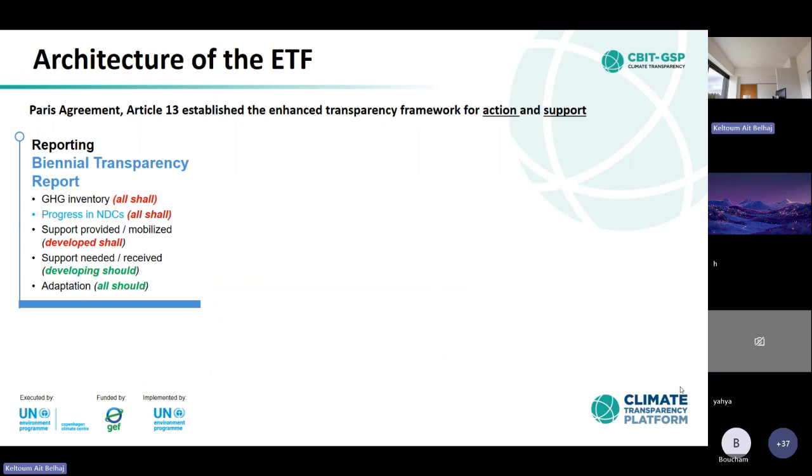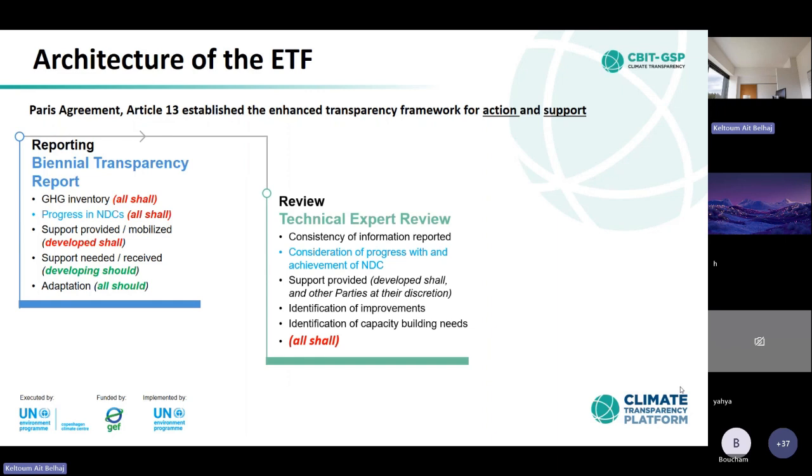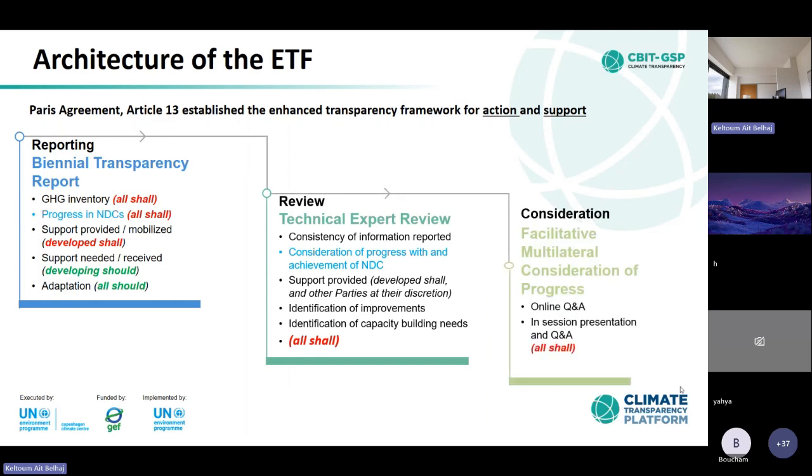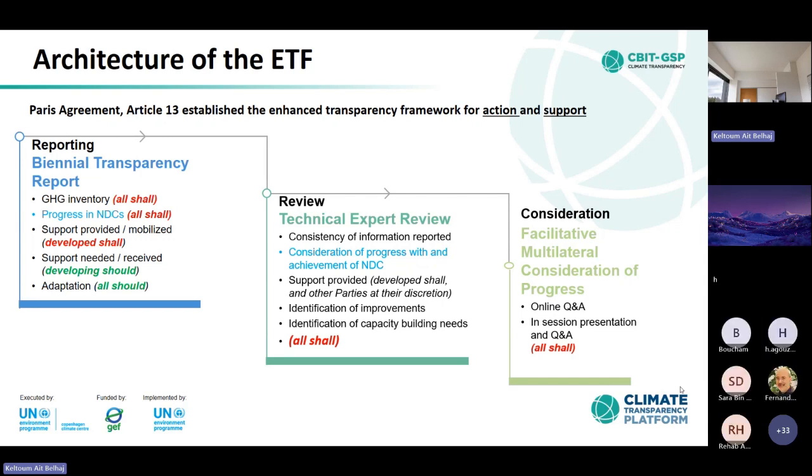All right, building on that, the ETF is structured around 3 pillars: reporting, review, and consideration. And it starts with the BTR, where each party reports information on its GHG inventory, progress made in implementing and achieving its NDC, adaptation actions, and even the support provided, mobilized, needed, or received.